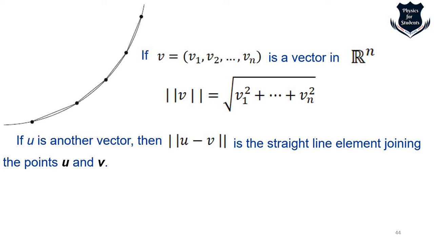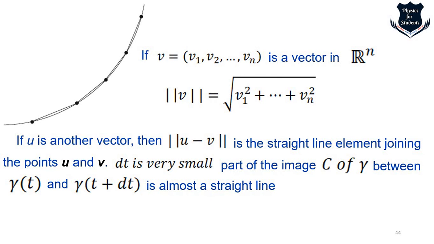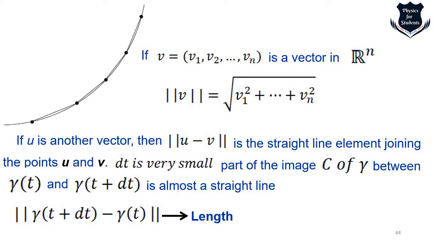So in order to find a formula for the length of a parameterized curve gamma, note that if dt is very small, right, let me show you, so if dt is very small, the part of the image of gamma between gamma t and gamma t plus del t, which is a slight increment, is also nearly a straight line, right? So it is given as this.